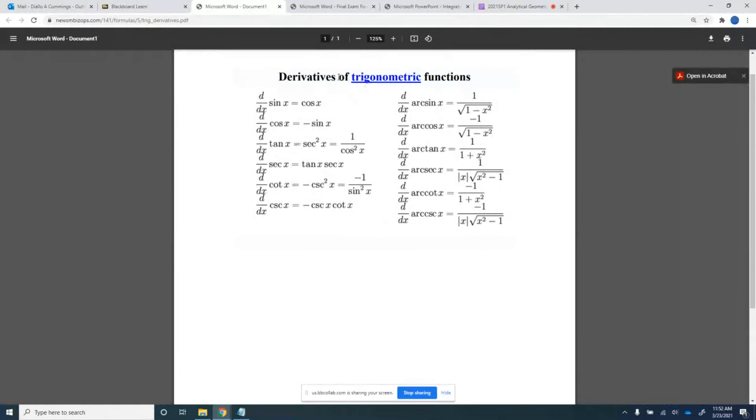So if I look at my derivative trig formula sheet, I see that the derivative for tangent is secant square. So I can make a u substitution. I can actually substitute u for tangent x. And when I take the derivative for tangent, I get secant squared x.